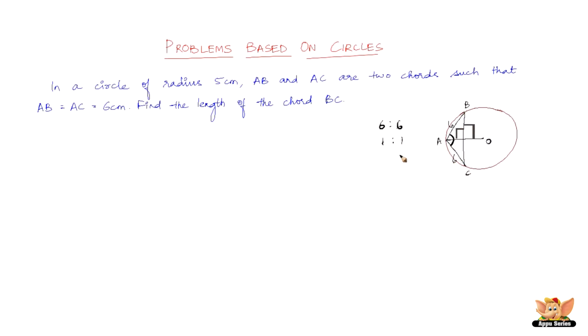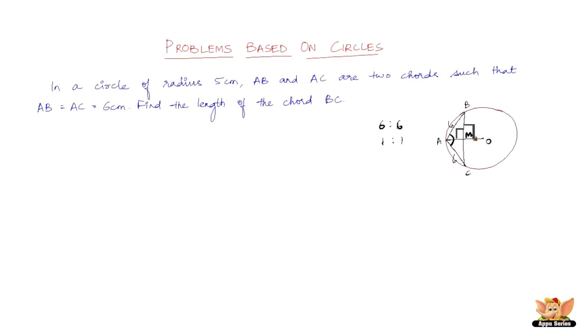Therefore, the ratio would be 6:6, which reduces to 1:1. Putting it more simply, the internal bisector bisects the opposite side as well. So now, M is the midpoint of BC. Also, OM is perpendicular to BC. That also comes from the other properties of circles.